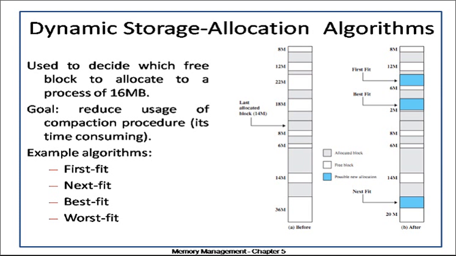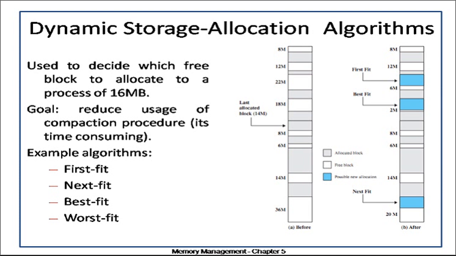We cannot store 16M into 8M, so it will not allow. 6M is not allowing. 14M is not allowing. So it will allocate 36M. In next fit, it will select the hole of 36M size, creating a new hole of size 20M by allocating 16M to the 36M. The next fit is shown in the after diagram.